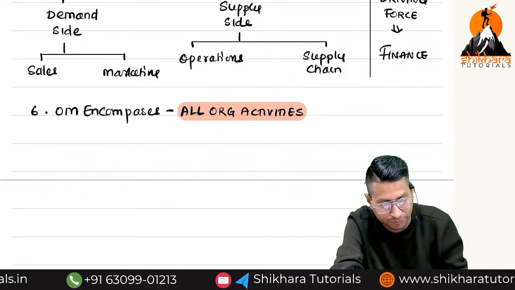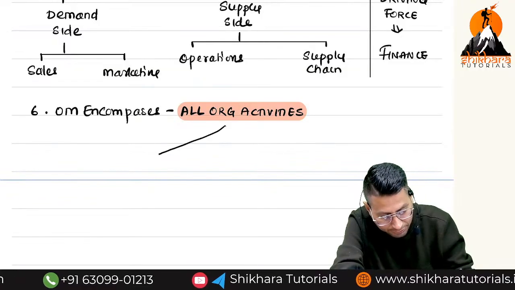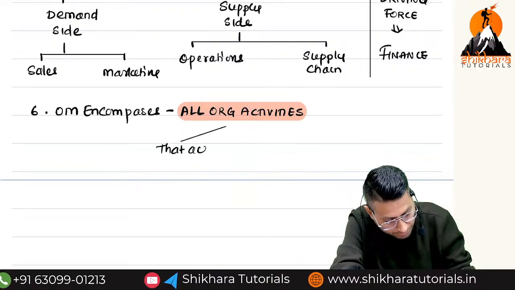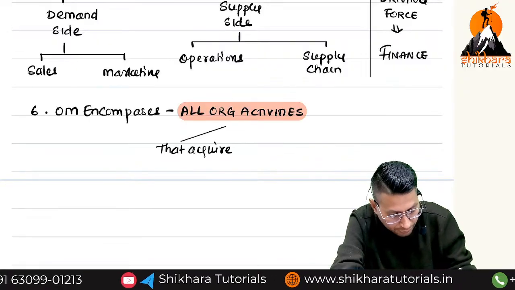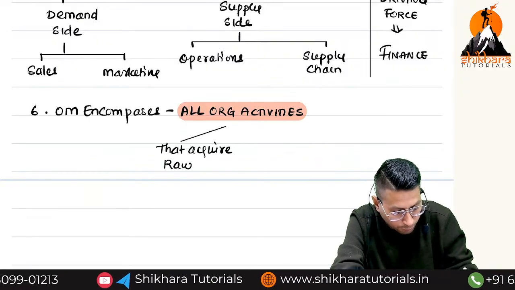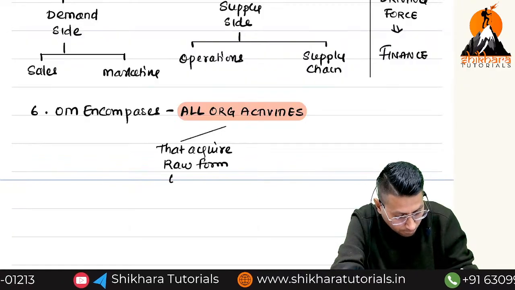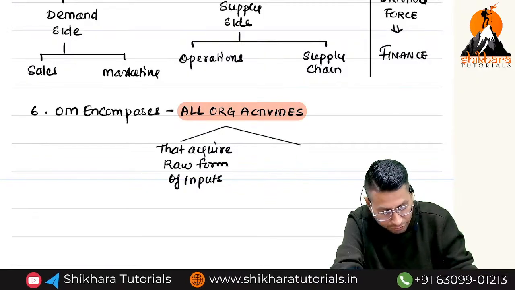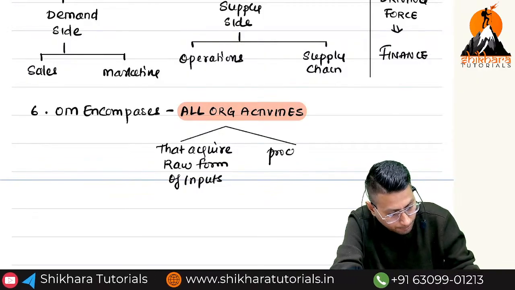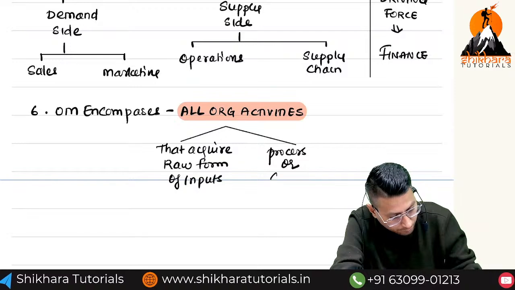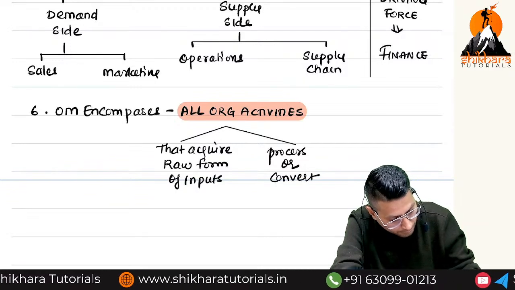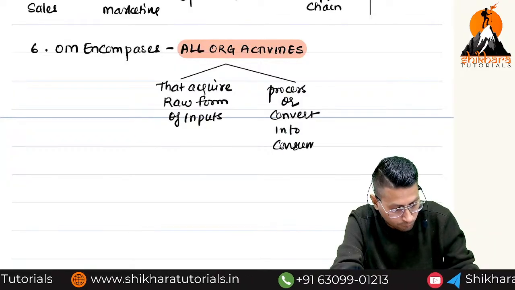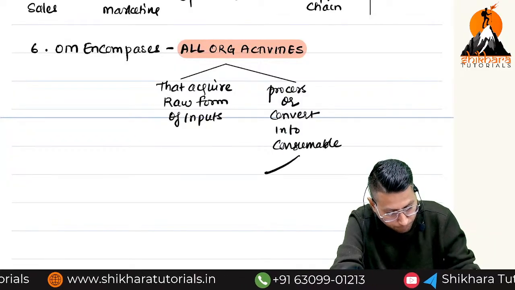It encompasses all activities that acquire raw form of inputs, and process or convert them into consumable products and services.